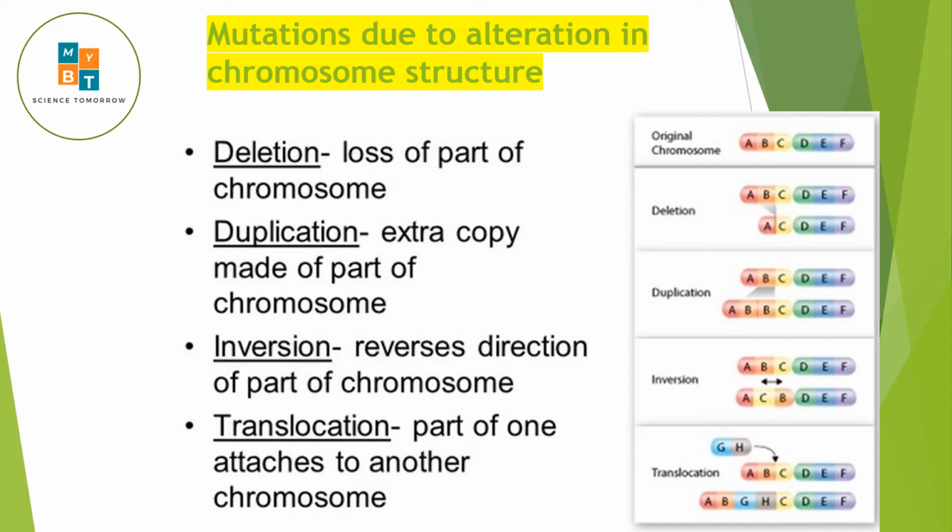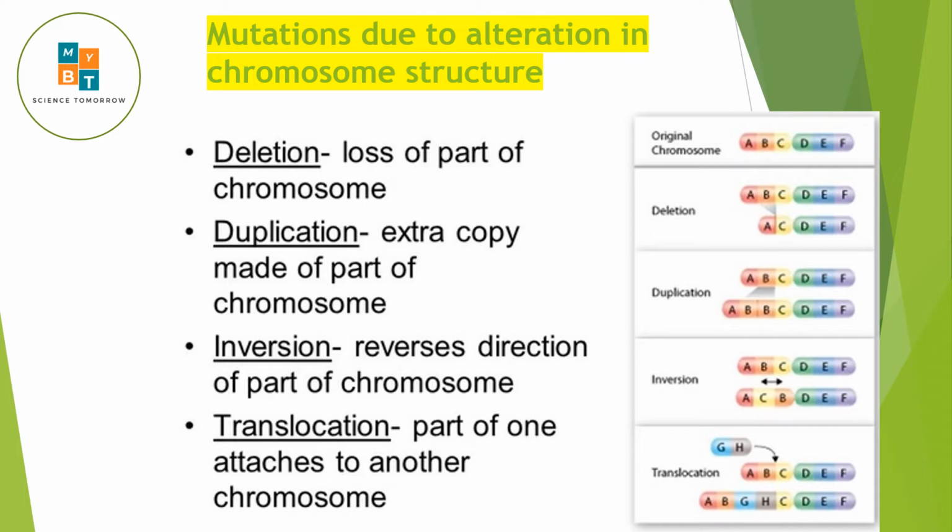The same thing happens with translocation, where you also don't have a reduction or increase of the gene number. So basically, the chromosomal structural mutations are deletion, duplication, inversion, and translocation.